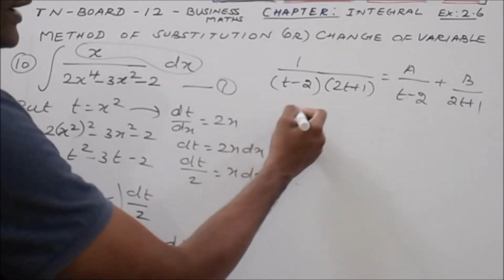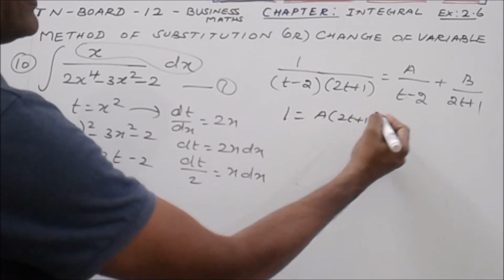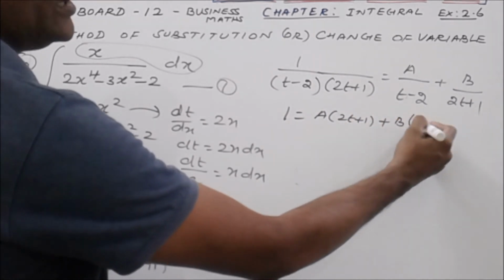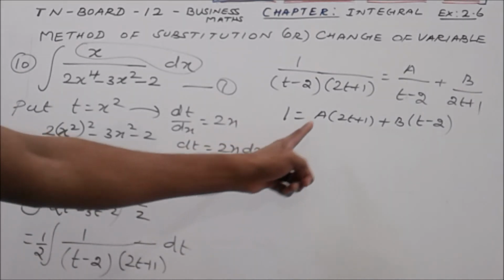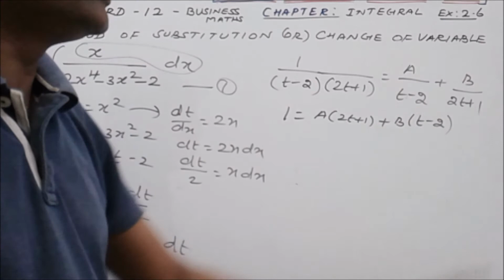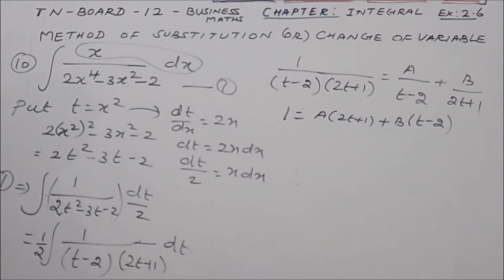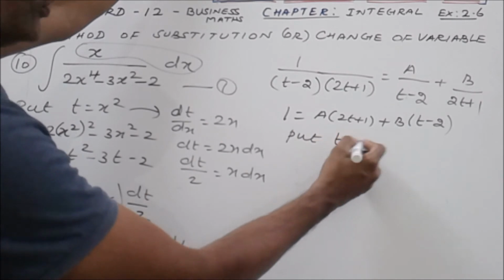Taking LCM, 1 equal to a into 2t plus 1 plus b into t minus 2. Now eliminating the denominator, we have 1 equal to a into 2t plus 1, plus b into t minus 2. To find the values of a and b, first put t equal to 2 here.